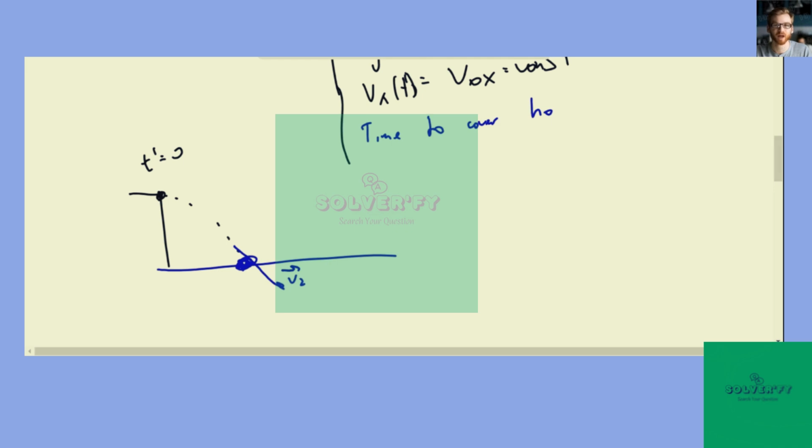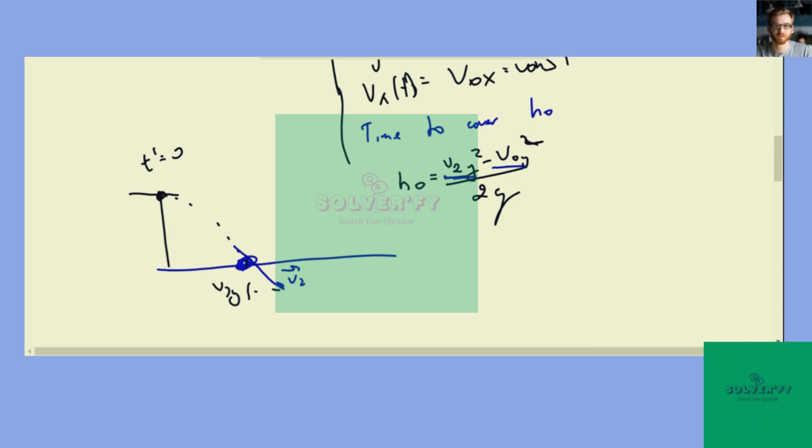So h0 equals v2y, the y component of the final velocity, squared minus v0y squared, divided by 2g, because this is the final vertical component and this is the initial vertical component during the free fall.